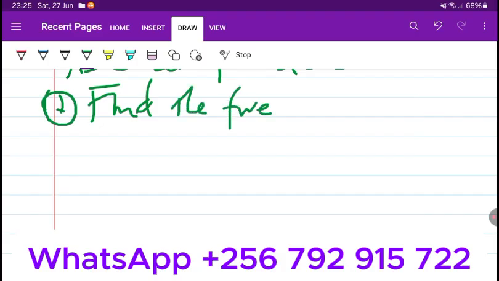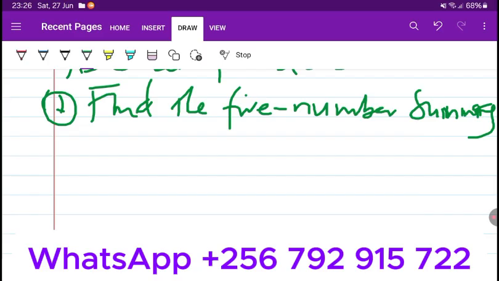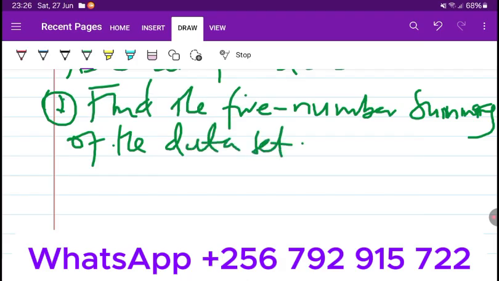It is very important. If you can't do this, then you will not be able to draw a box and whisker plot.